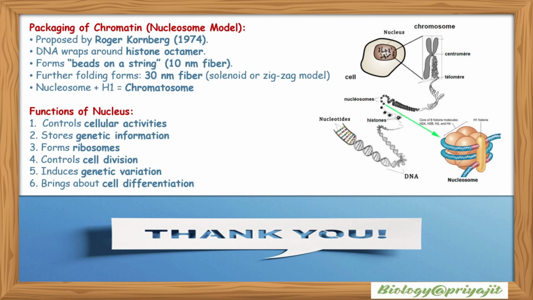DNA wraps around the histone octamer, as the image shows. This is known as the nucleosome model, forming a beads-on-a-string structure, or 10 nanometer fiber. Further it forms the 30 nanometer fiber, or solenoid or zigzag model, and ultimately nucleosome plus H1 is called the chromatosome.